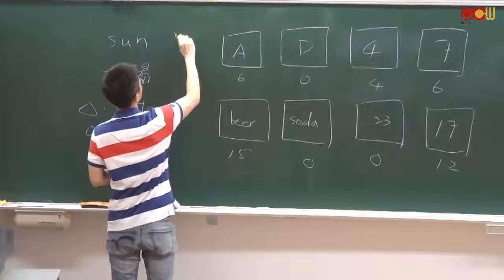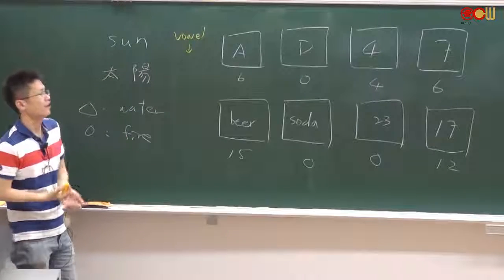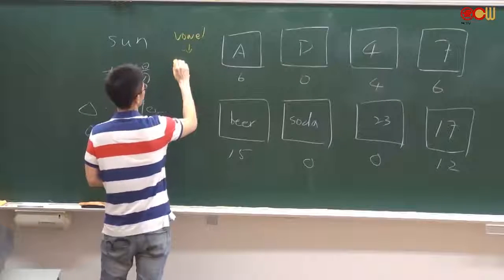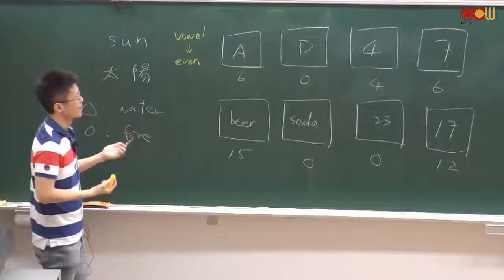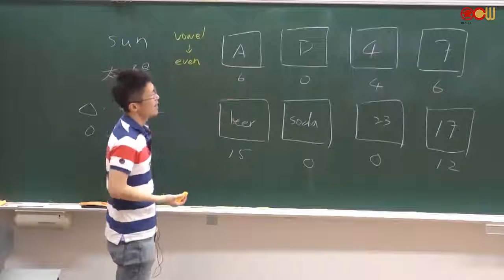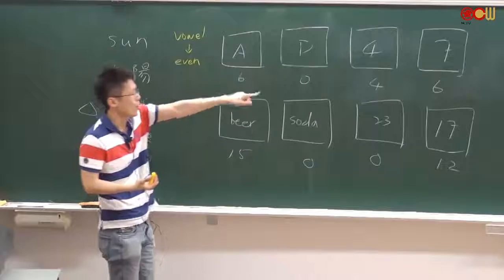is a vowel, then on the other side of the vowel, it has to be an even number. So you check a vowel, and okay, so far we are not sure which card we have to check.